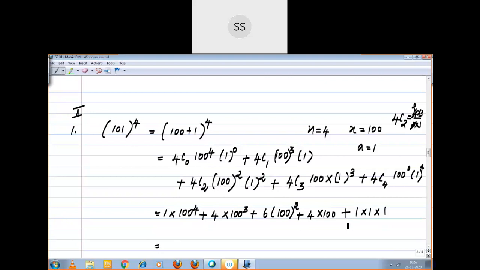Now, which is equal to 100 power 4. That means 100 into 100. How many zeros? 4 zeros. The same way, 100 into 100, 4 zeros. Totally, how many zeros do you want to put? 8 zeros, right? Now, 1 followed by 8 zeros. Got it, children?